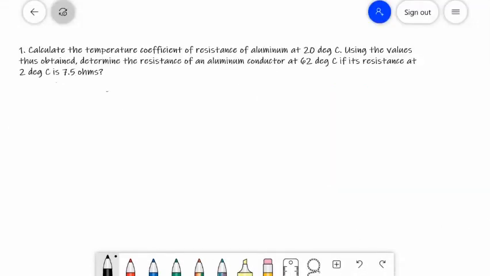Example number 1. Calculate the temperature coefficient of resistance of aluminum at 20 degrees Celsius. Using the values thus obtained, determine the resistance of an aluminum conductor at 62 degrees Celsius if its resistance at 2 degrees Celsius is 7.5 ohms. Solution.